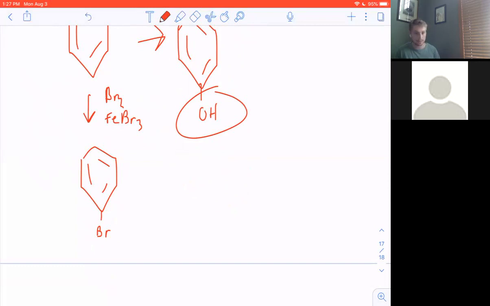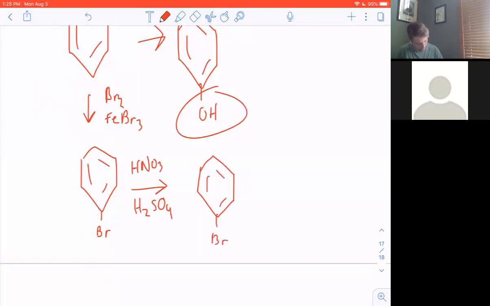The bromine is an ortho-para-director, so you might as well just add the nitro group at this point too. For that you're just using HNO3 and H2SO4. That's going to look like this. So you have that group there.